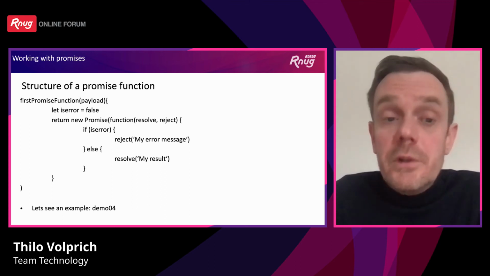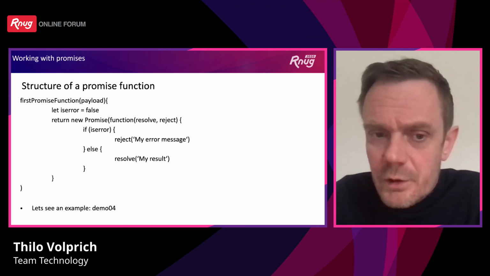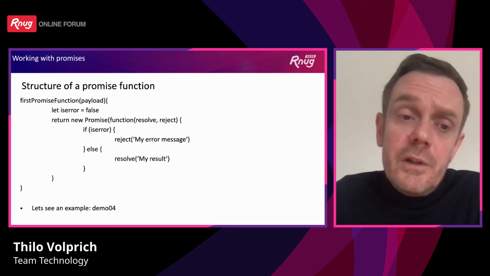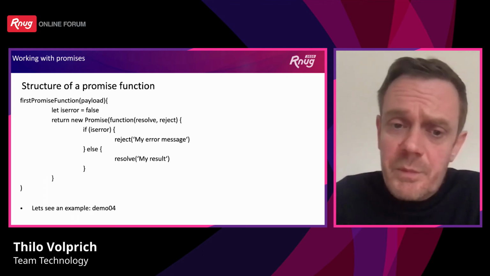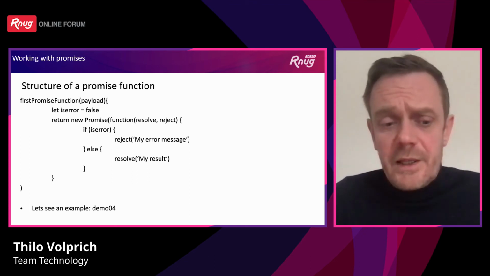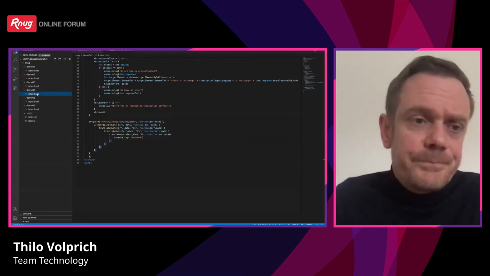And then you run your code. If there is an error in your code, just give back a reject. And if everything works, just give back a resolve. This is everything you have to do, and then it works. Let's see the example for that.